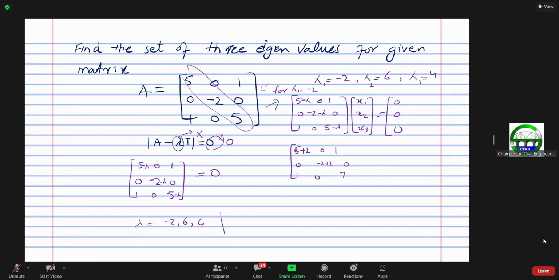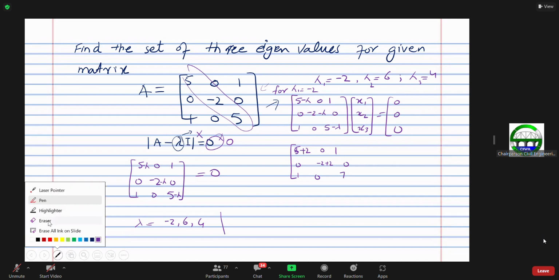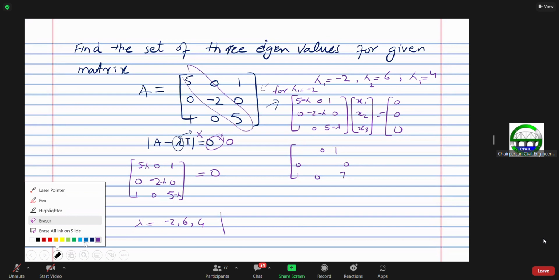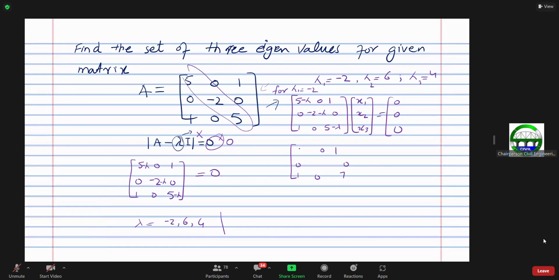So it's going to be 7. This one, this, and this will be 0. This one will be 7, and this one will be 0. And then this multiplied by x1, x2, x3 equals 0, 0, and 0.